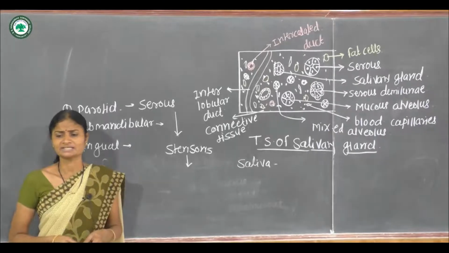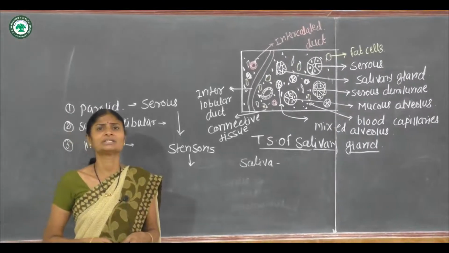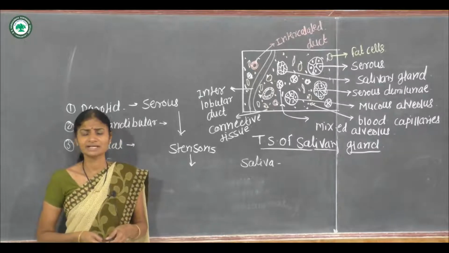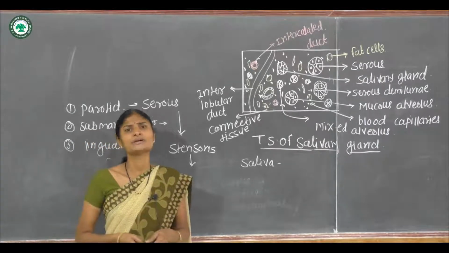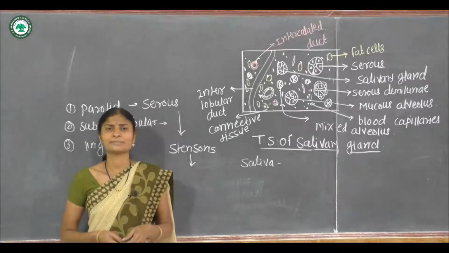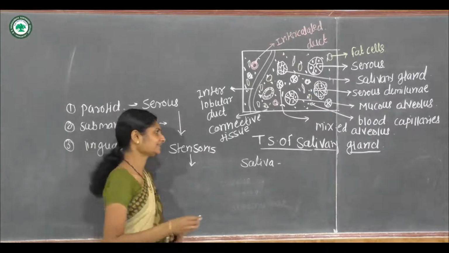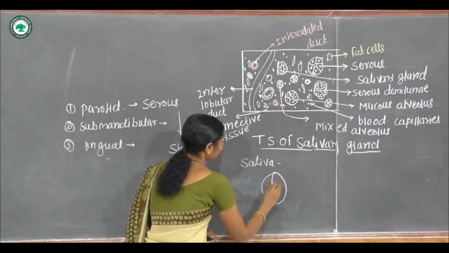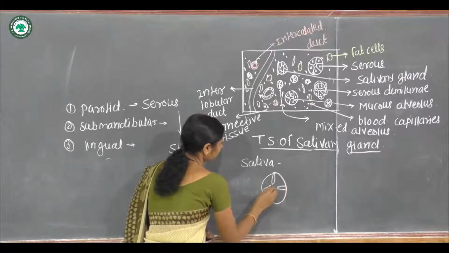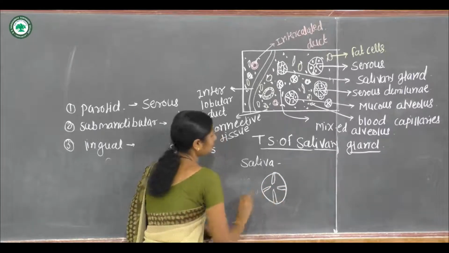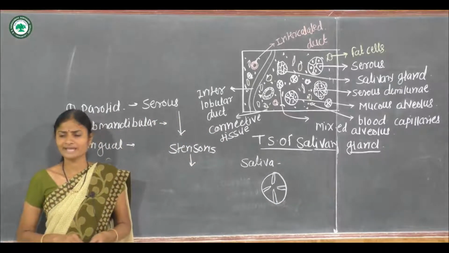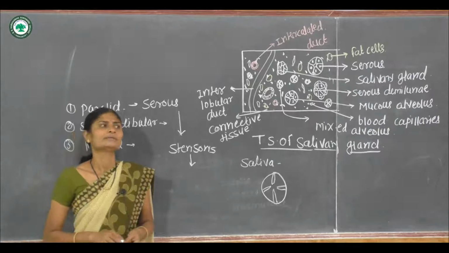Each gland is surrounded by a thick connective tissue capsule, and this capsule forms septa. These septa enter into the gland and form lobes and lobules.